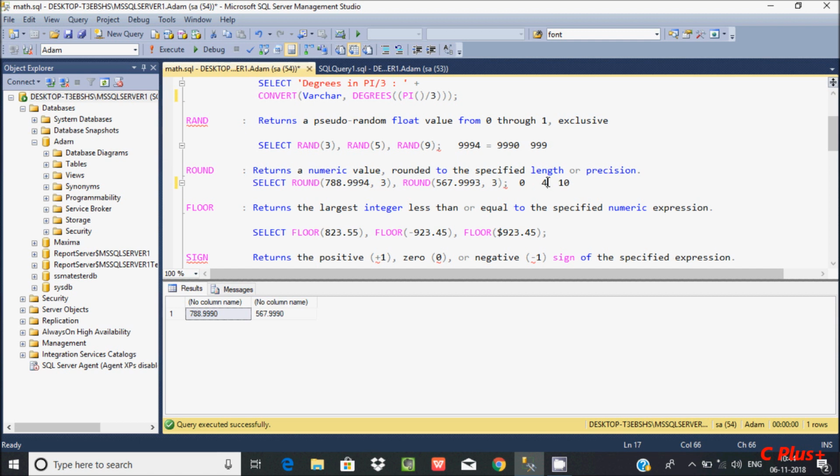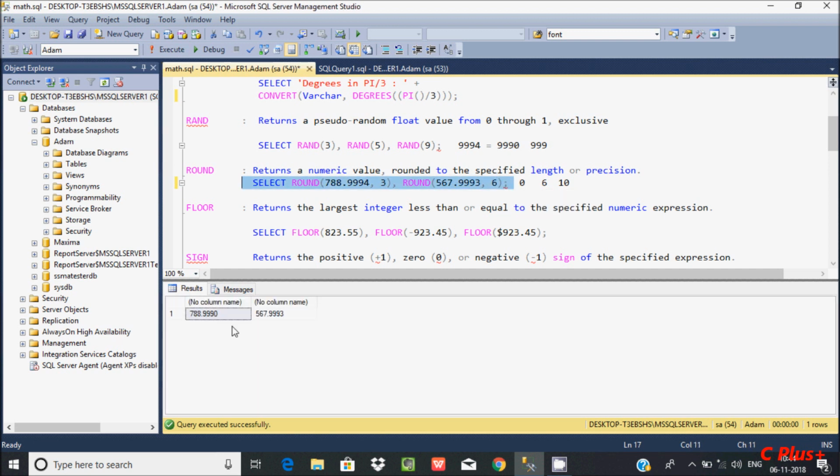Now if you give 4, 4 is near to 0, so if you execute this one, the value will display 9990. Now if you give 6, 6 is near to 10, so this is going to add one.